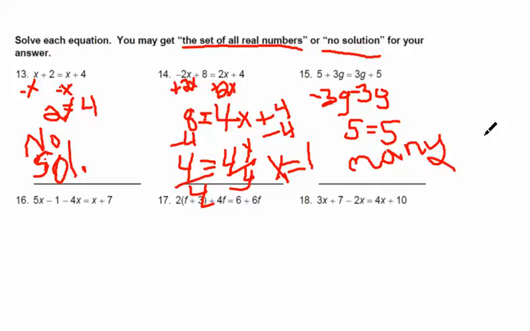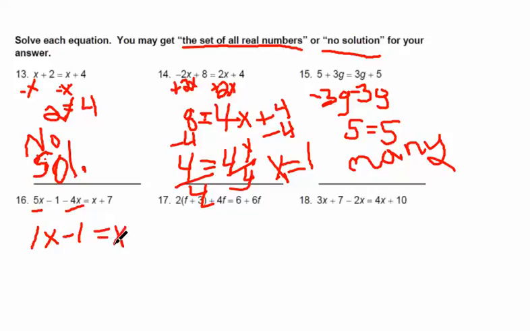So what you do is you solve it the same as you would normally, or in number 15, I could look at that and say, wait, that's the same thing on both sides, which means that you're going to have infinitely many solutions. Number 16, I need to simplify the 5x minus 4x, and I would get 1x minus 1 equals x plus 7.